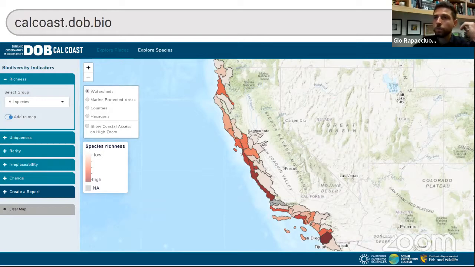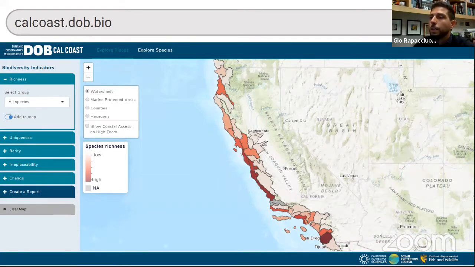And so what you want to do, if you do want to access the data, I hope you do, is navigate to calcoast.dob.bio, and DOB stands for the Dynamic Observatory of Biodiversity, which is the name that we've wanted to give to these tools, because we believe that the real strength is in the fact that they're so dynamic and they allow us to gather data rapidly, almost in real time. The dream would be to make these real-time tools eventually.